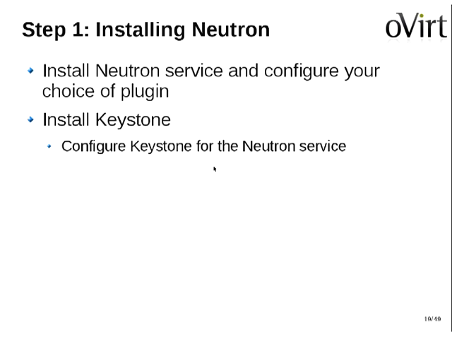So he goes, installs the Neutron service, configures the plugin, installs Keystone, and configures Keystone to use this Neutron service, to have users for it and tenants and everything. And then he's done. He installed the main service, the core service, and the plugin, and he's done, right?